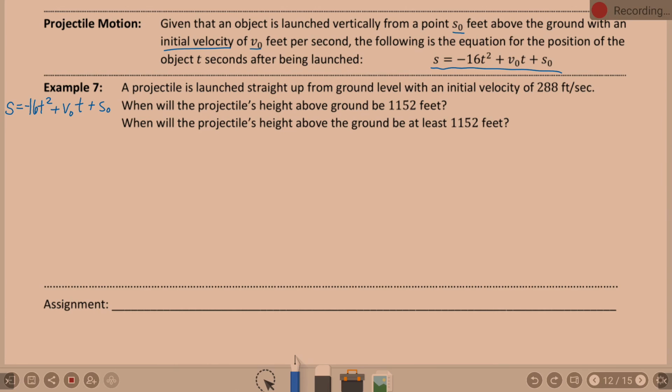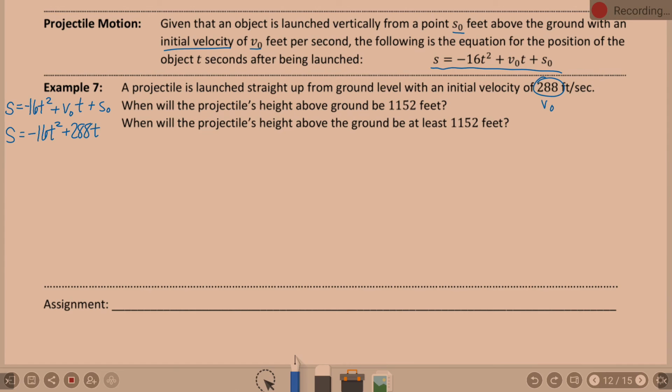So, as we fill in our equation, what do we know? The initial velocity is 288 feet per second. So I can fill this in for V naught, V sub O. So this is going to be plus 288t.